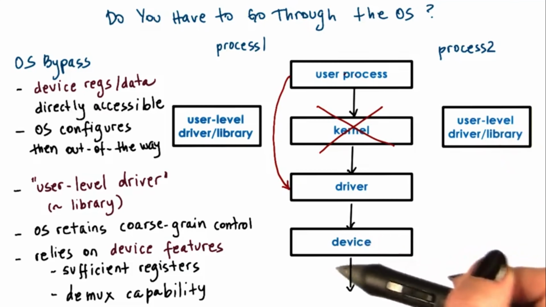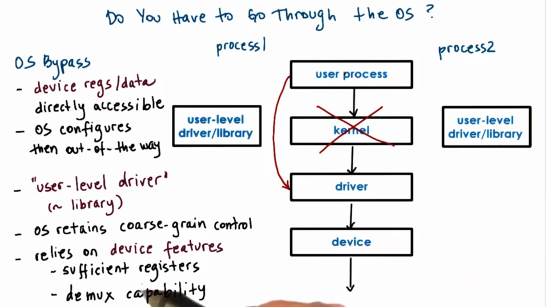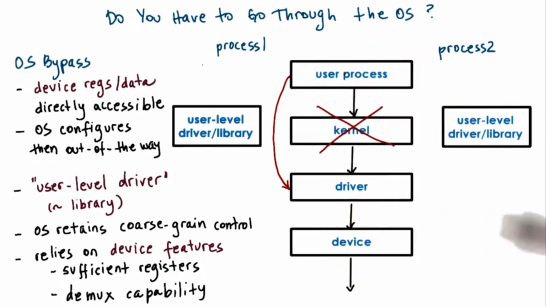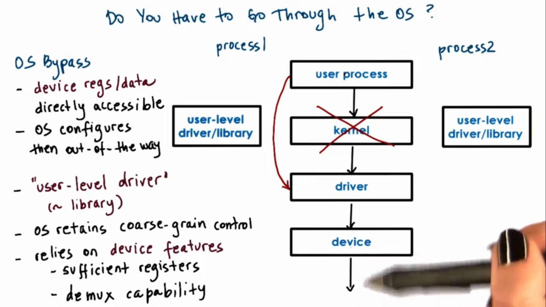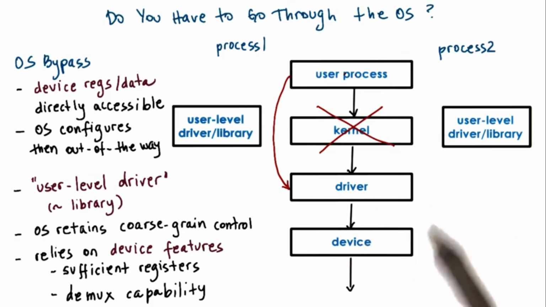So what that means is that the device has to perform some protocol functionality in order to be able to demultiplex the different packets that belong to these different processes. In general, it needs to have demultiplexing capabilities so that data that's arriving at this device can be correctly passed to the appropriate process.